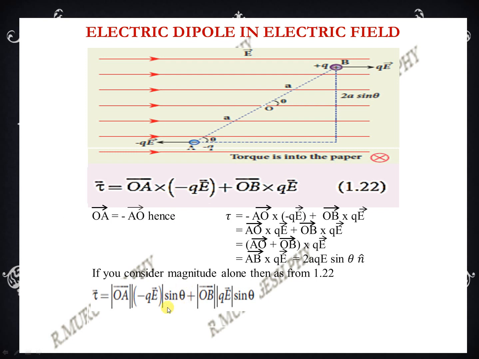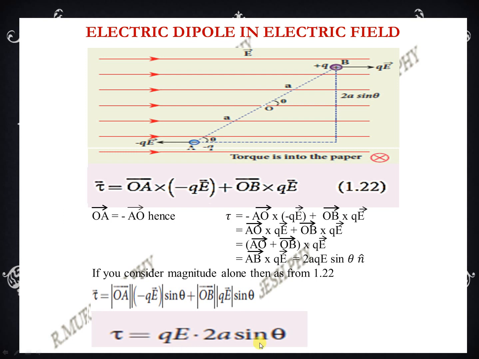So there is sine theta here. The same for the second term, there is sine theta. OA is small a, OB is also small a. So you get small a QE sine theta, again small a QE sine theta. Together you can write 2a QE sine theta.